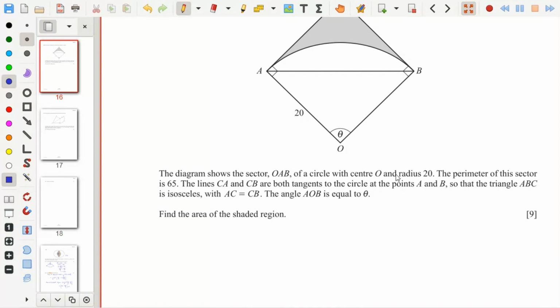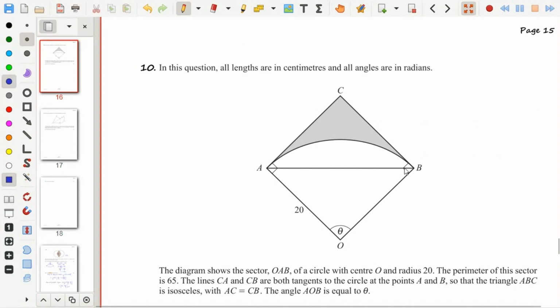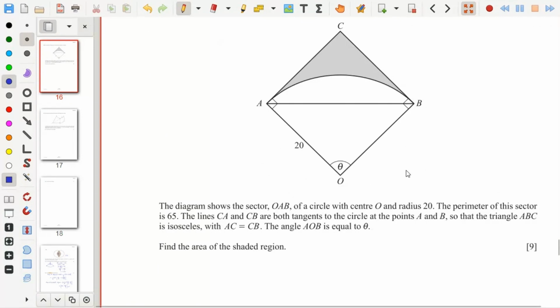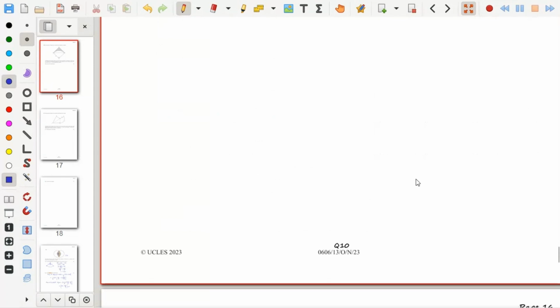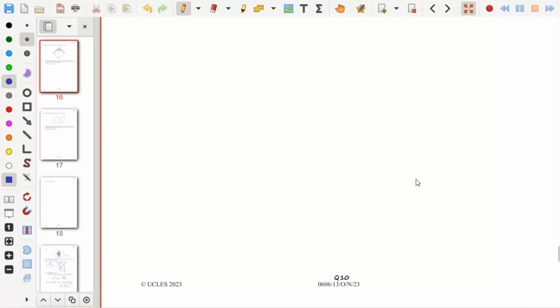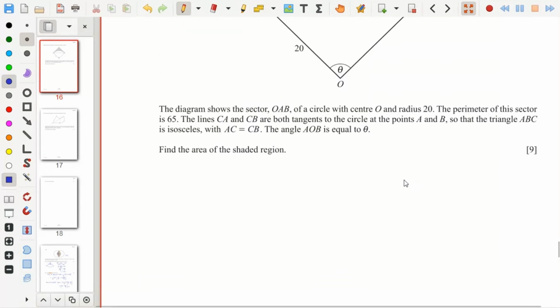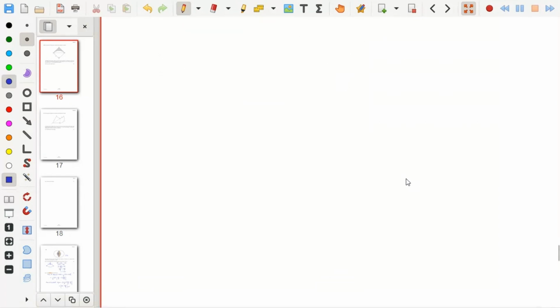From number 9, 10, 11, normally these questions are challenging. So it is basically rated by Cambridge as difficult by virtue of the number. It might be very easy for you, but for many students, this will be challenging just because it's question number 10.